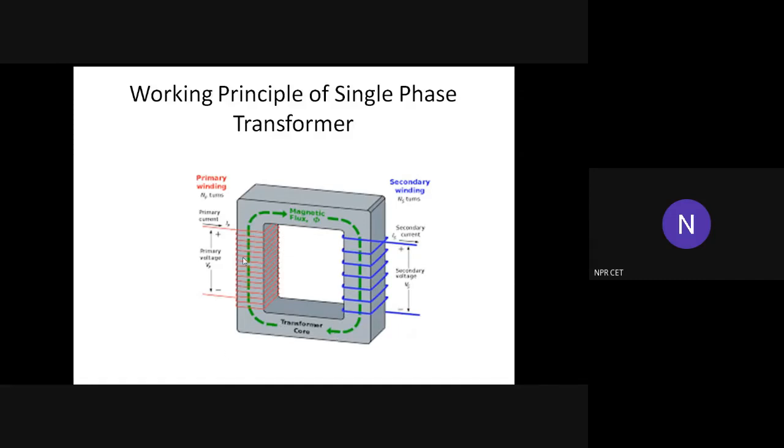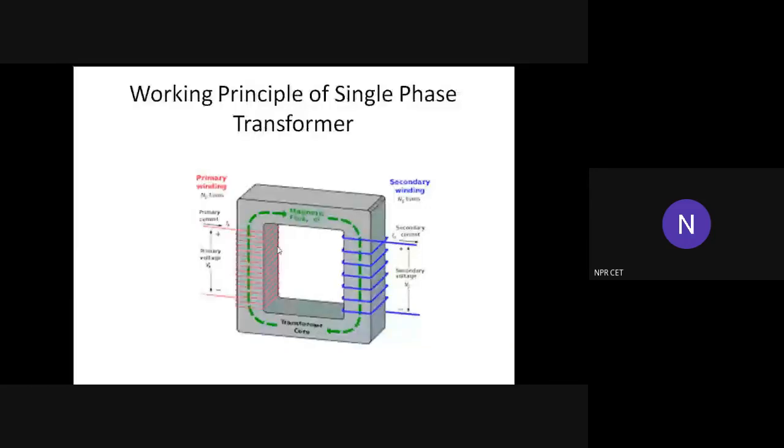right? Why is this the primary winding? It is the winding which is connected across the input supply. This is the primary winding. The winding which is connected across the load is the secondary winding, right? The windings are made up of copper coil or aluminum coil. Now you see the working principle of the transformer.